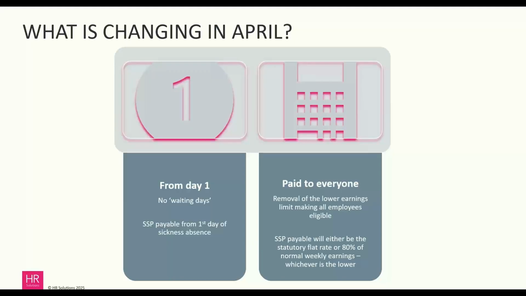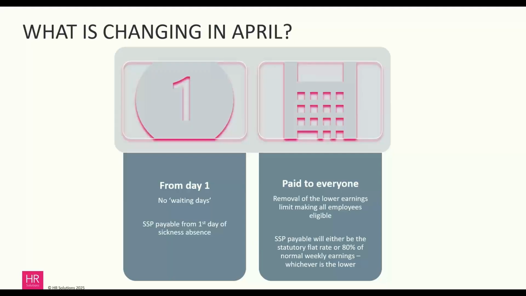Now, the new statutory sick pay flat rate coming in from April, because as you know it changes each year, is going to be increasing. Currently it's £118.75 a week, but it's going to increase to £123.25 a week. Those are the proposed figures, and almost certainly they're the figures that will be implemented.